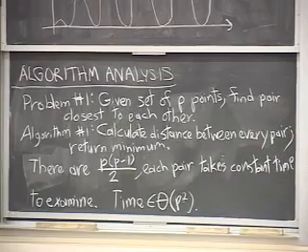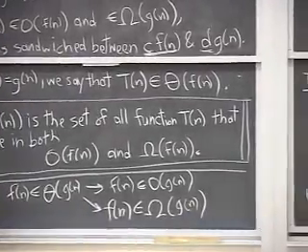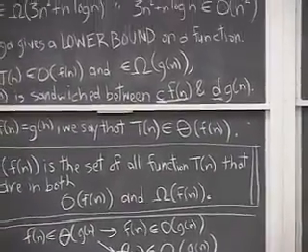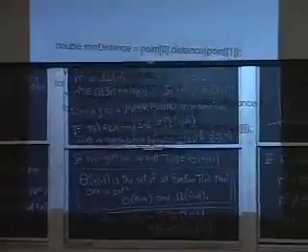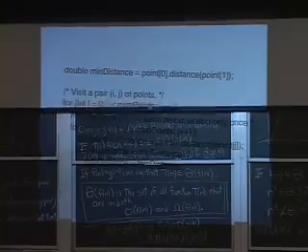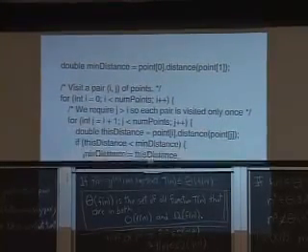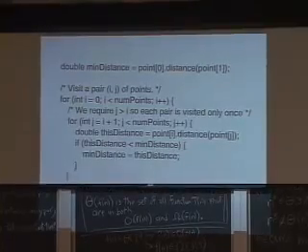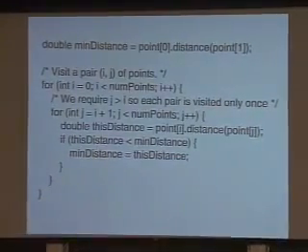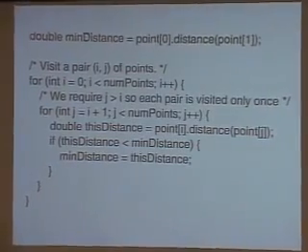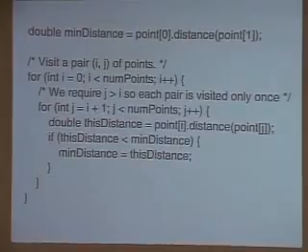So in this particular case, you can figure it out just by looking at the code, which I will put up for you. It's probably not worth copying this down, but I want to make a few points about just how you can look at code and, without looking at it too closely, usually know the running time, because there are two loops. There's one loop nested inside the other.